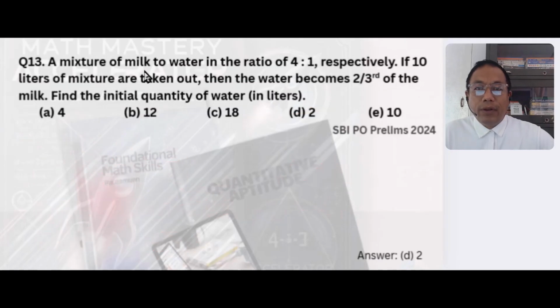A mixture of milk to water in the ratio of 4:1, respectively. If 10 liters of mixture are taken out, milk, water, milk is 4x.